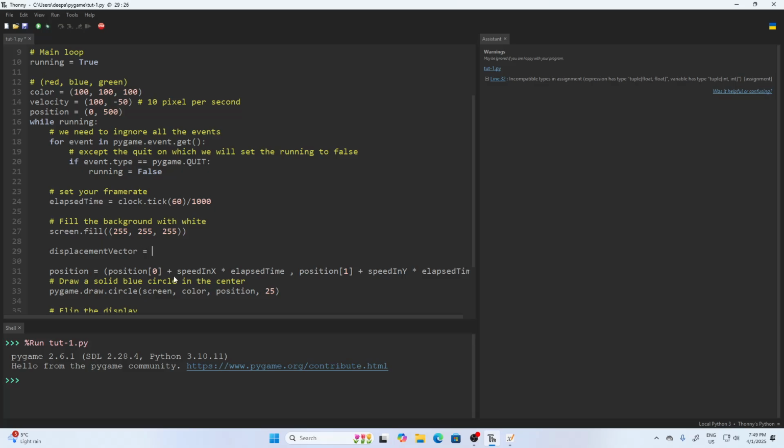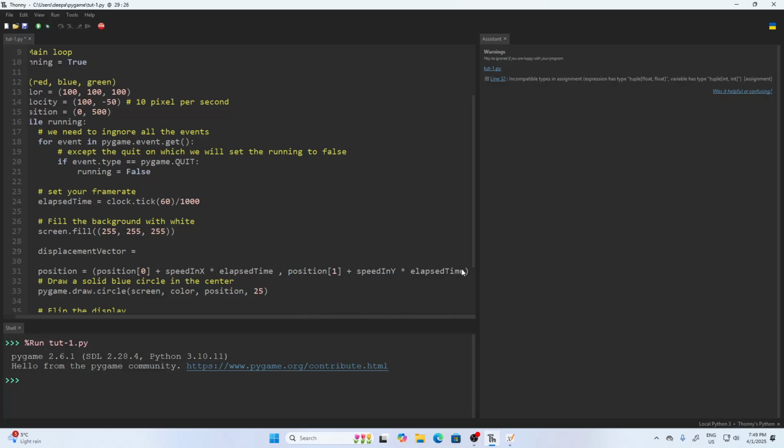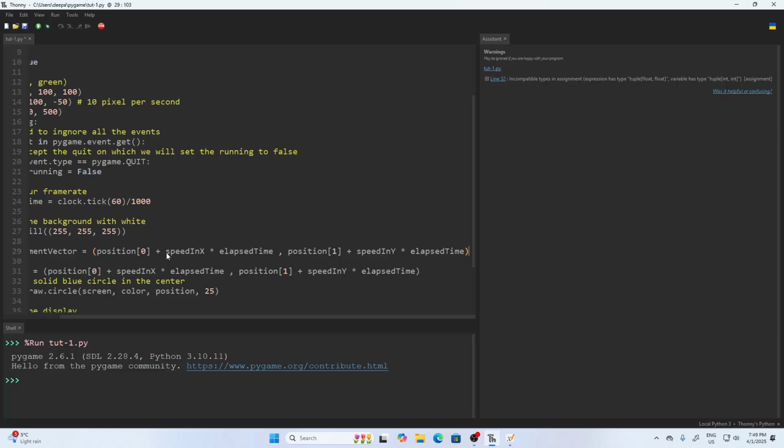The displacement vector is going to be, you have to multiply time elapsed with our velocity. Now, right now we have to write the bigger formula. So let's just do that for now, and we'll make it simpler later on. So this is going to be equal to this. Why is it such a big formula?